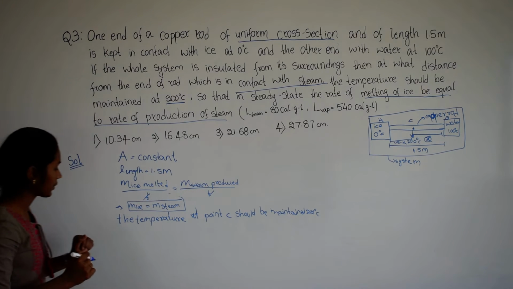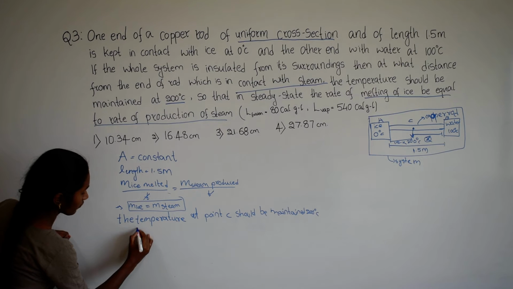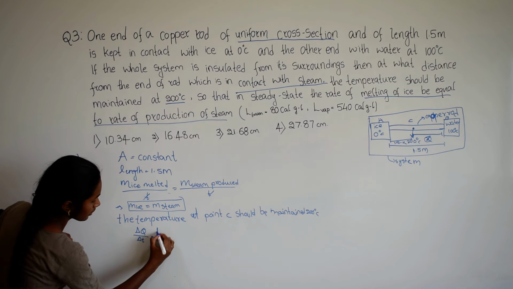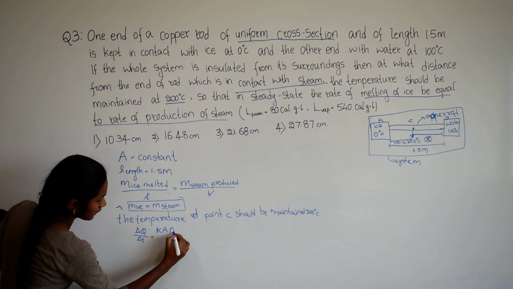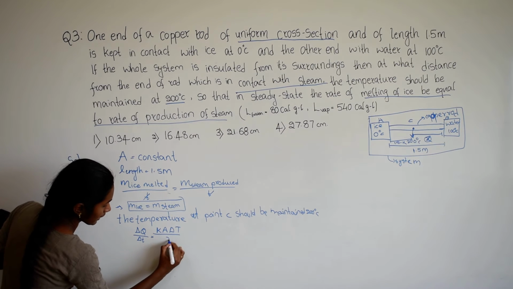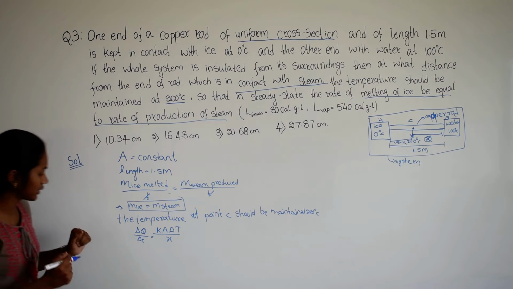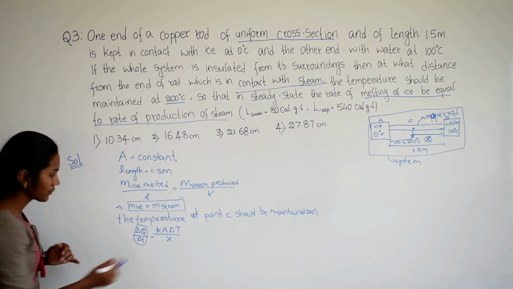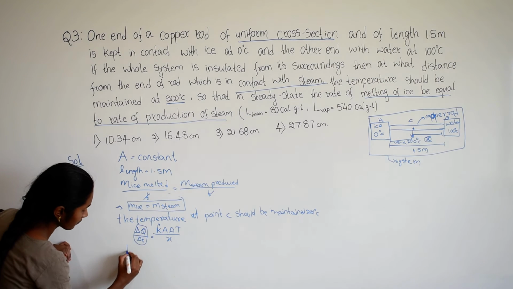So the main concept involved here is rate of loss of heat: delta Q by delta T is equal to K A delta theta by x. I'll explain the terms here. Delta Q by delta T is the rate of loss of heat. K is thermal conductivity.